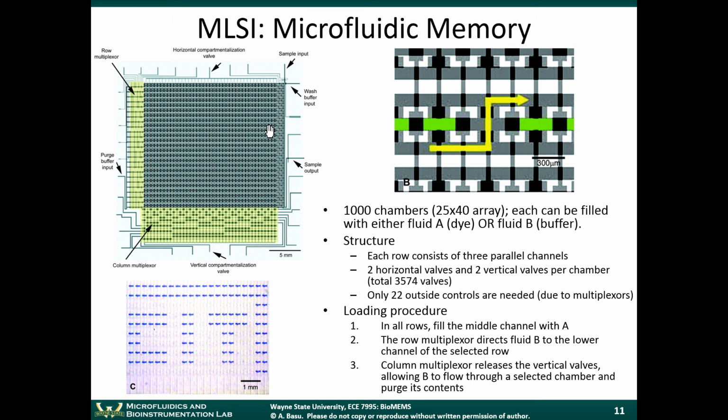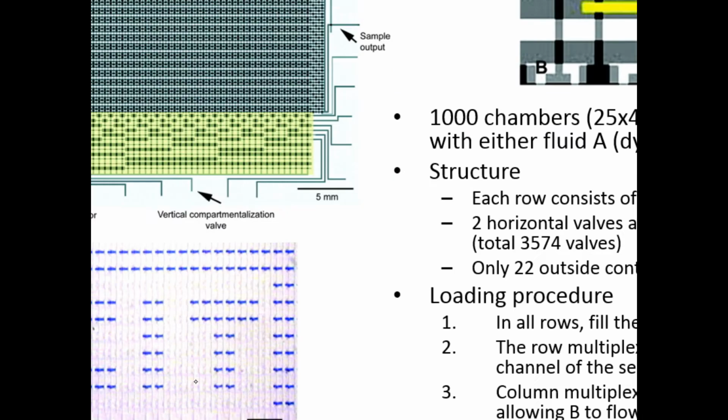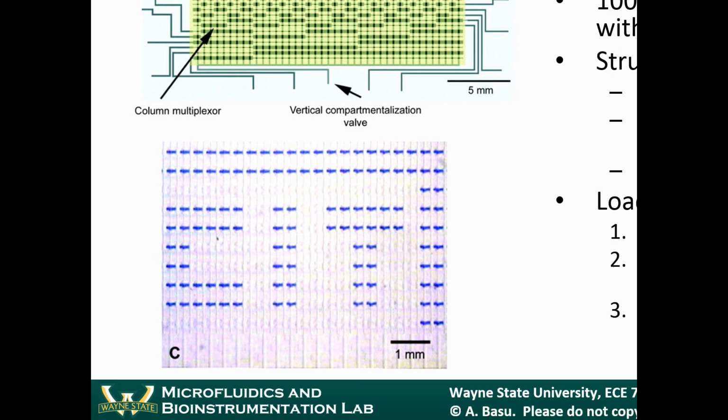So how this microfluidic memory thing works, in this particular demonstration, they were just trying to show something like this, where you can fill selected chambers with, in this case, just a specific dye. But ultimately this dye wouldn't be just a chemical dye.